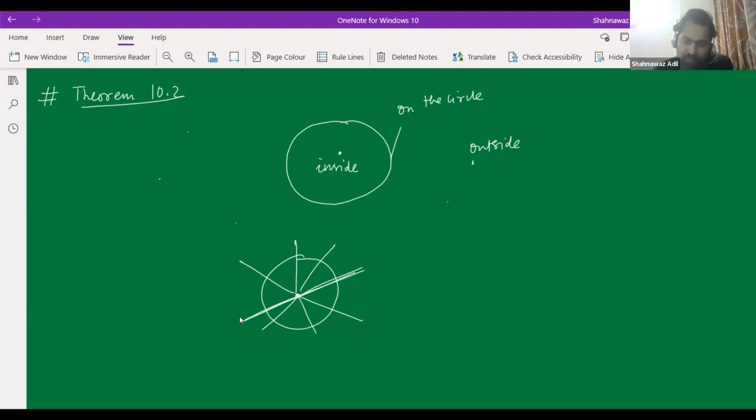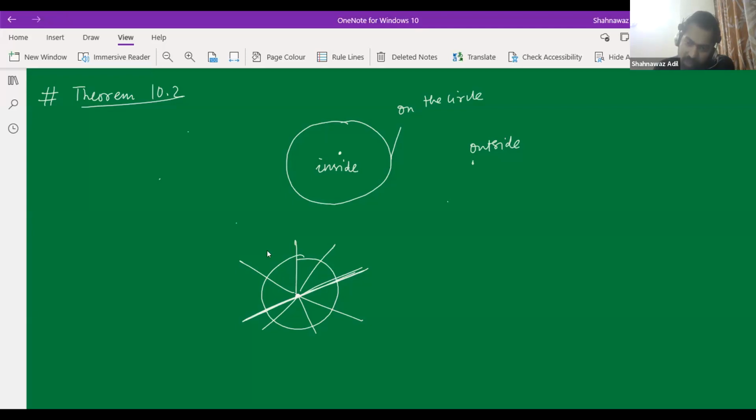From theorem 10.1, we know that the radius joining the center is perpendicular to the tangent. If I make a line at this point, it would always intersect at 2 points.